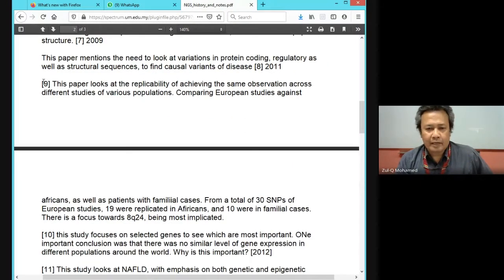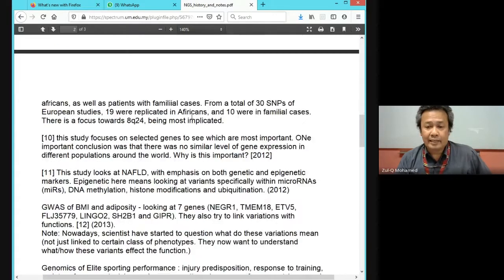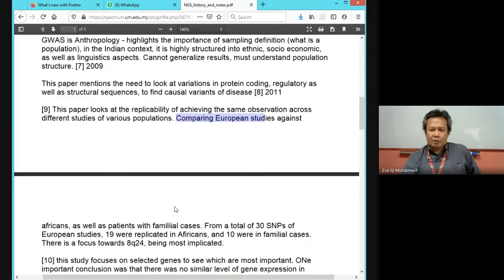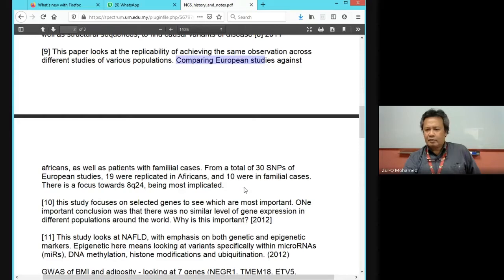There's another paper here, number 9, that looks at replicability of achieving the same objective across different studies in various populations. They compared European studies against Africans as well as patients with familial cases. I can't remember what disorder.